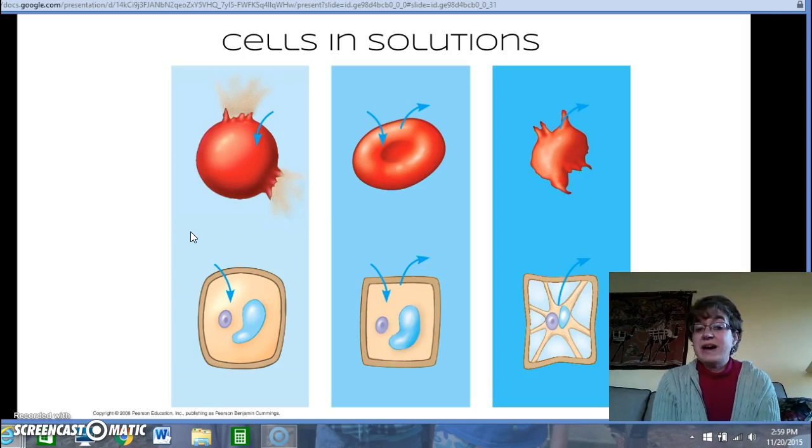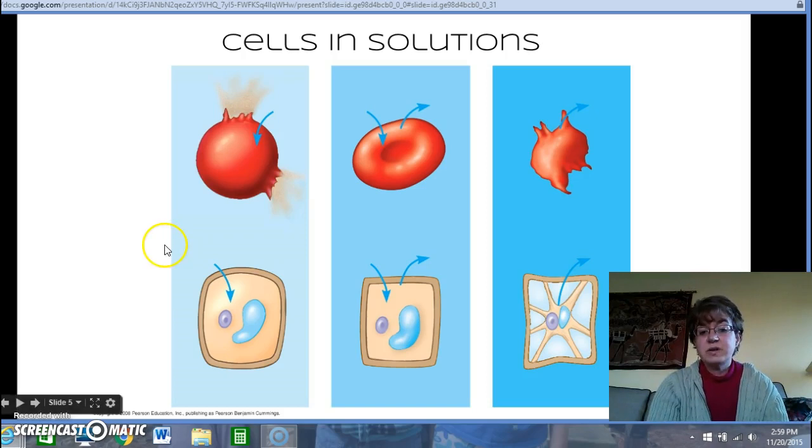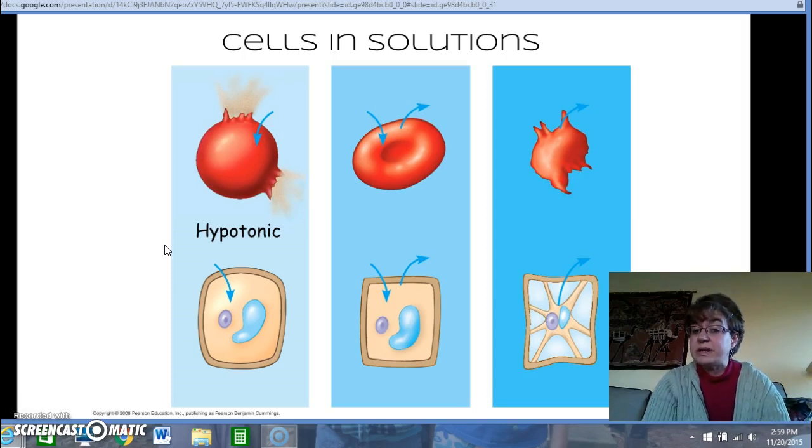So my solution that my cells are floating in must not have very many solutes, or they're lower in solutes. So we would say that they are hypotonic. Hypo means low, just like if you have hypothermia, your temperature has gotten too low. And so hypotonic means that it's low in solutes in the solution, so water is going to leave the solution and go into the cells.